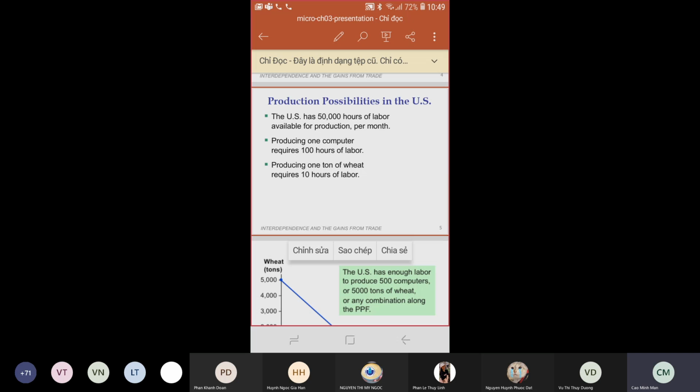Remember, please. And the US spends 100 hours to produce a computer. Okay, 50,000 labor hours, 10 hours, and 100 hours to produce a ton of wheat and a computer.